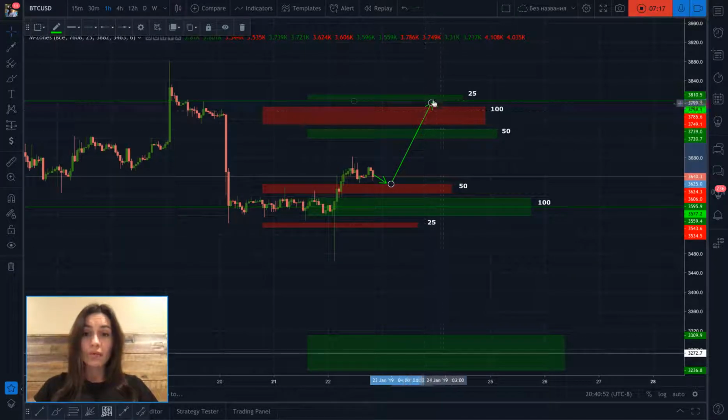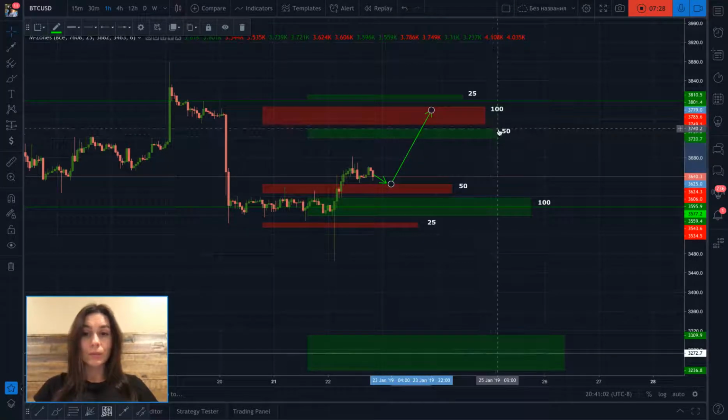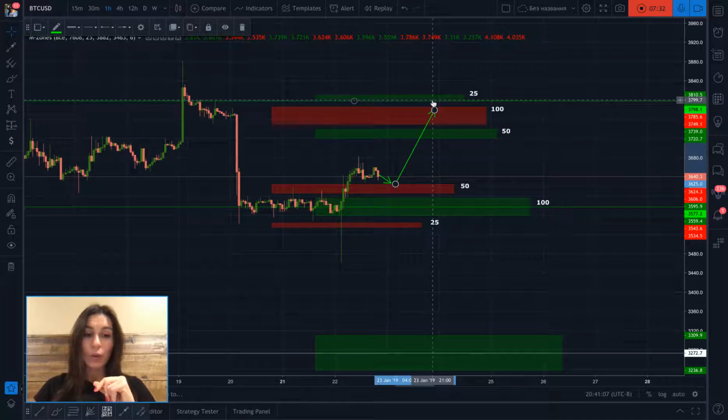Okay, 100% of short position. This is 25%, 50%, and now our take profit is about this zone. Don't forget that we can make some retest over here. This is for the long plan.